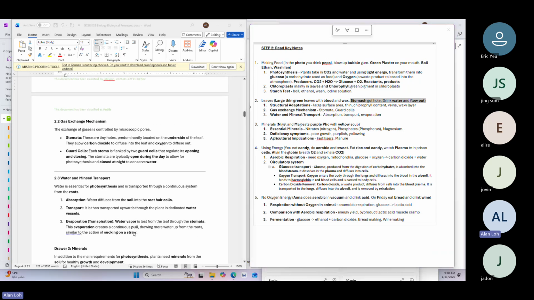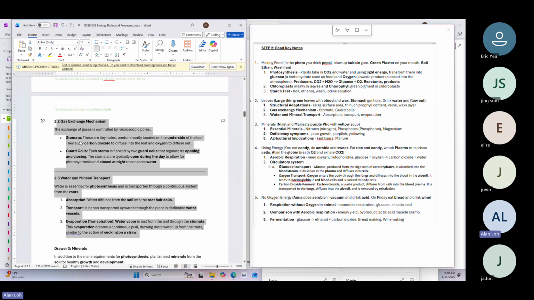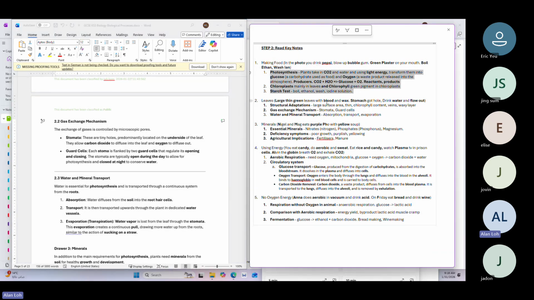So I think by now, if anyone today asks you, let's say ask Eric or ask Chuan or ask Jaden, can you explain what you know about photosynthesis, you should be able to tell them about the role of carbon dioxide, the role of light energy, the role of water, and the oxygen and glucose, right?